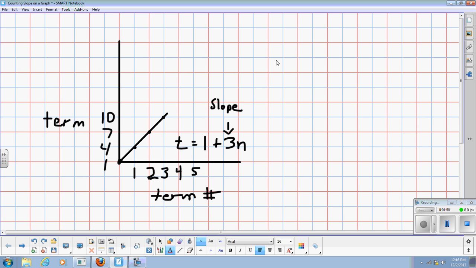Well, slope is how a line moves. It's how a line moves.